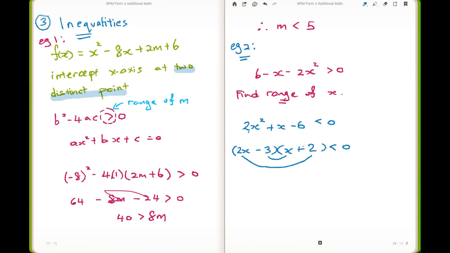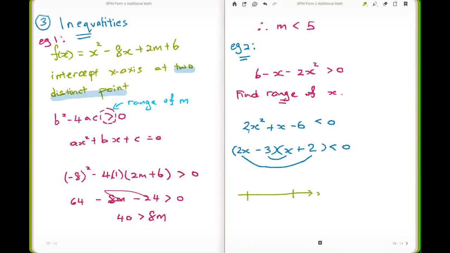Now, once you manage to factorize it, you need to have a graph. Not to say a graph, only the x part of it, whereby this is equal to 0, or this is equal to 0. You need to find where the roots are. That would be either here or here over the symmetry of x.